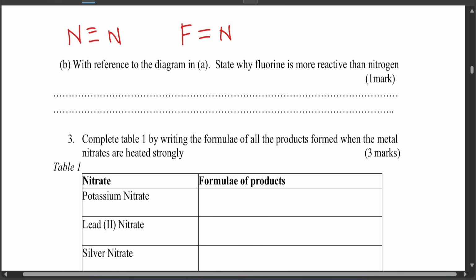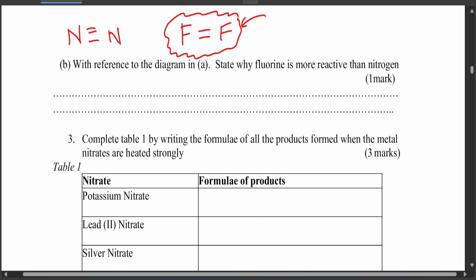So nitrogen having a triple bond, it requires more energy to break those triple bonds than the one with the 2 bonds. So if it requires more energy to break those bonds, it means that its reactivity will be quite slow, because for it to gain electrons, you need to break those triple bonds. And for this, since there's an easiness of breaking these bonds, it means that it can gain electrons quite easily.